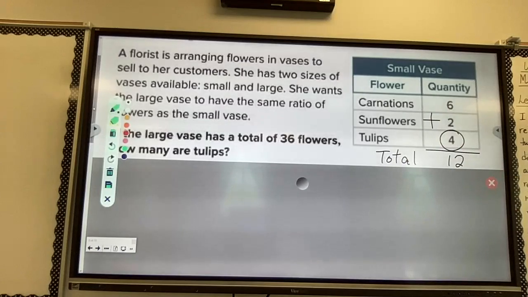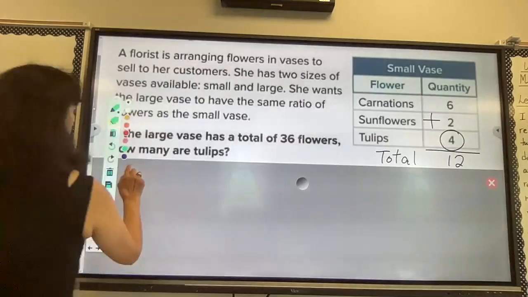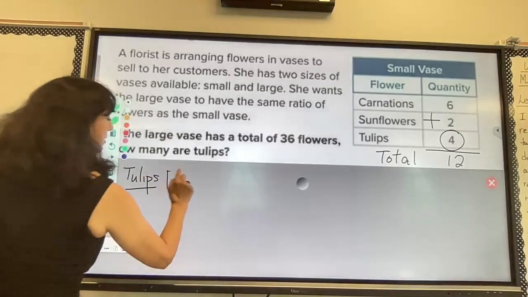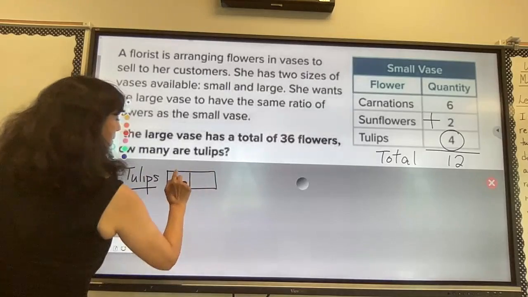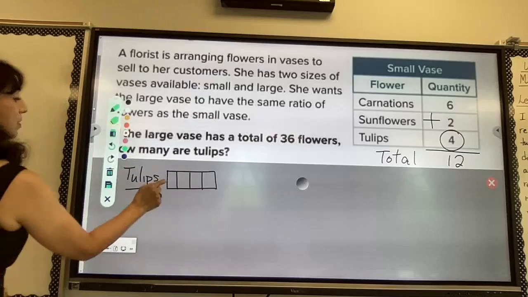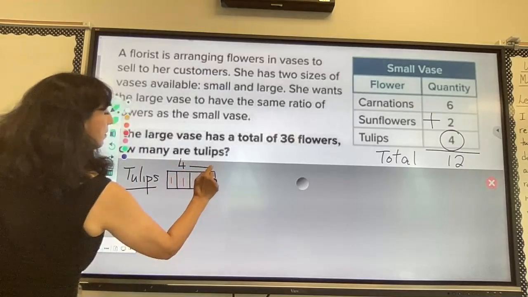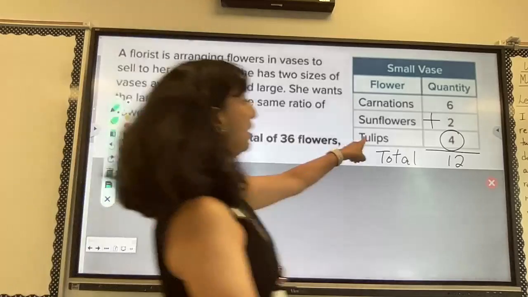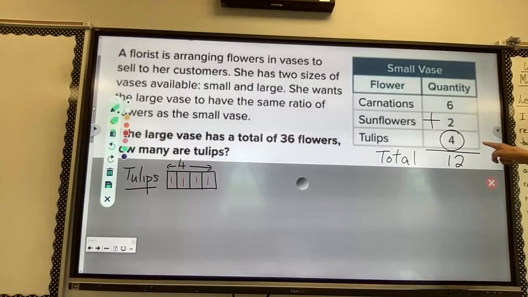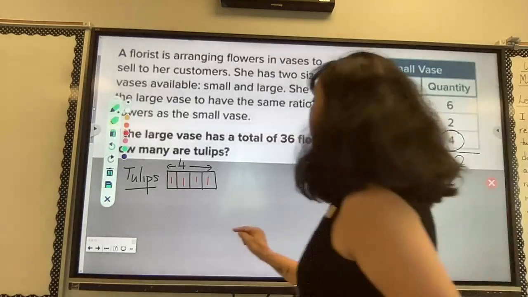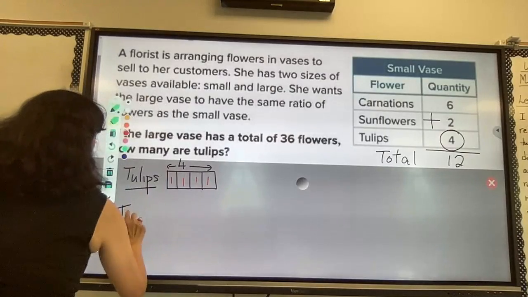Okay, so if I am using a bar diagram to represent this, so this is my tulips, and that is, okay, 4 of them. 1, 2, 3, 4. Okay, so this is a total of 4. As you can see over here, we have 4 tulips. And then I have total amount of flowers, which is going to be 12.